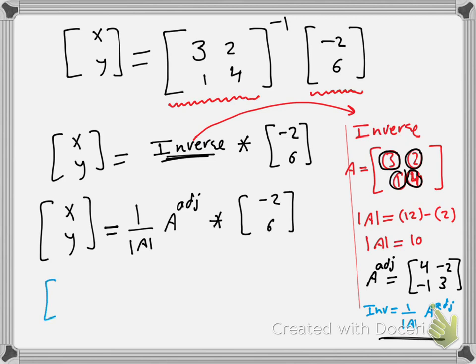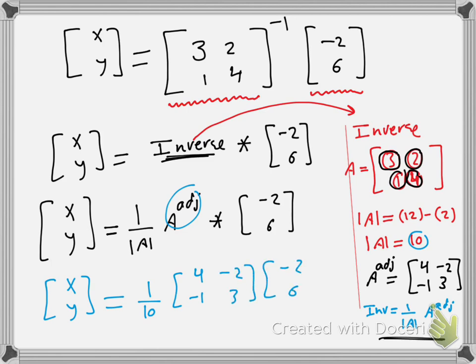Then right now I will just substitute. Then here the variable x and y, 1 by the determinant equals to 10, and the adjoint, we did it before, it was 4, -1, and -2, and then 3, and remaining with me -2 and then 6.